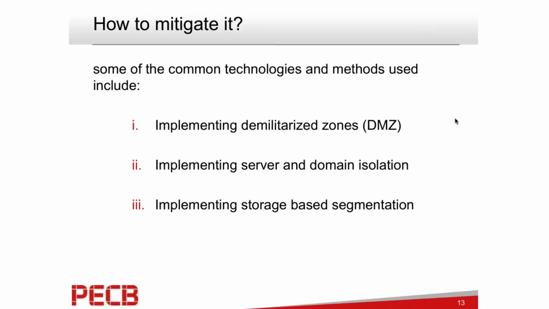Implementing storage-based segmentation. You have a separate network segment where backups are stored, where you have maybe some storage drives, some storage NAS, some storage equipment. So you separate it away from the operational or production environment.